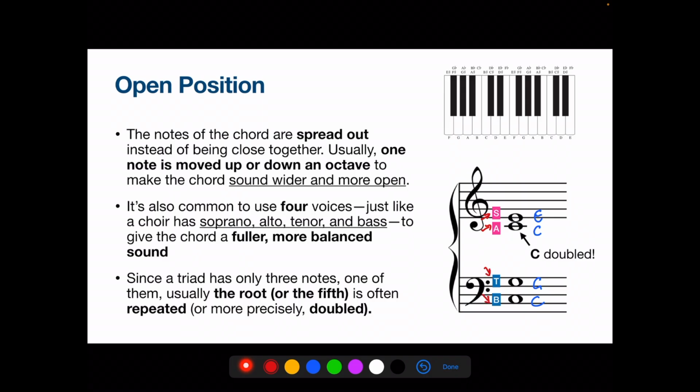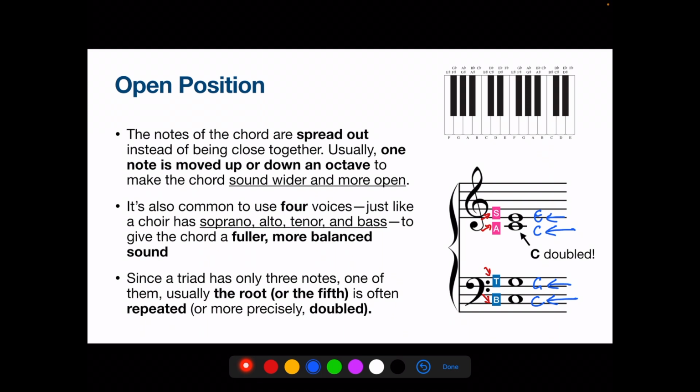If you see 4 notes like this in, say, a church hymn, that just means that each note is defined for each voice part. So we have C, G, and C again. C is doubled, and then we have E.